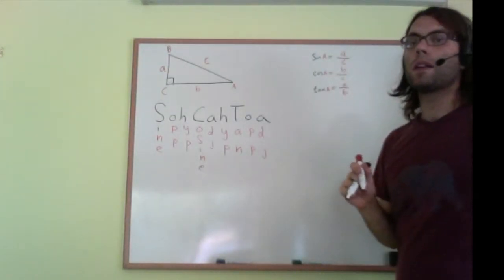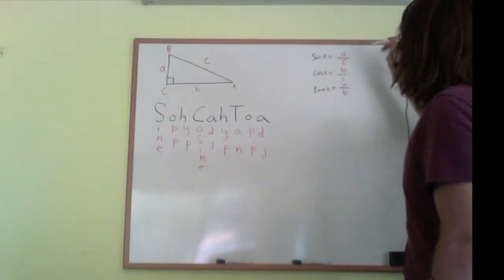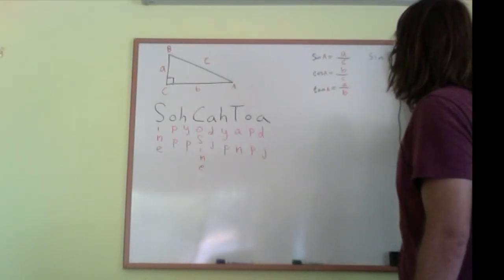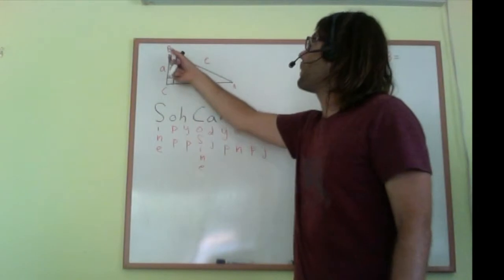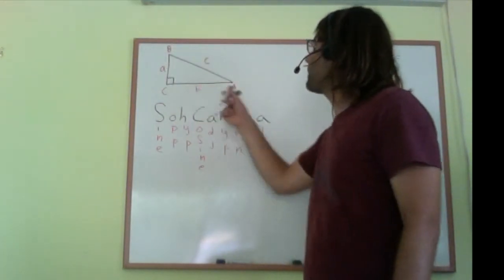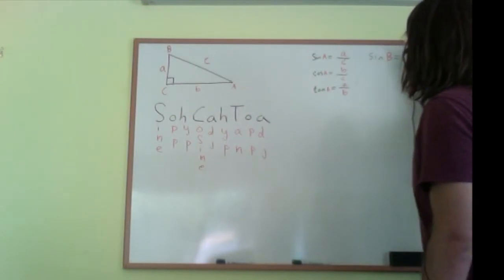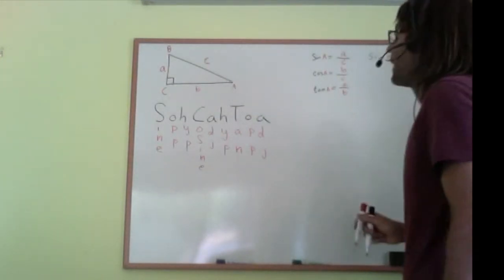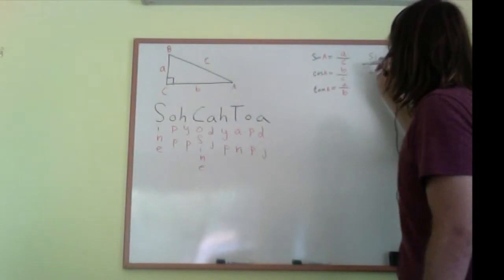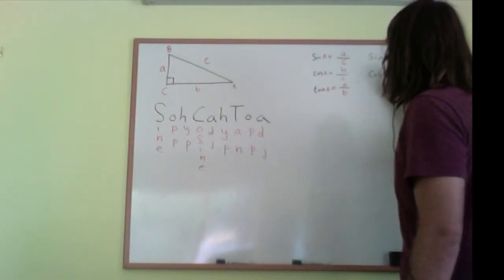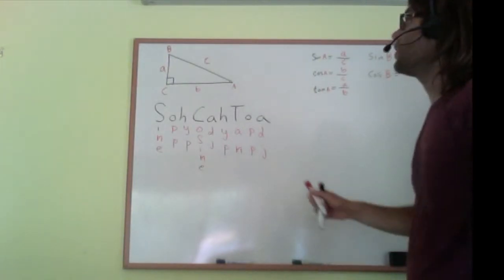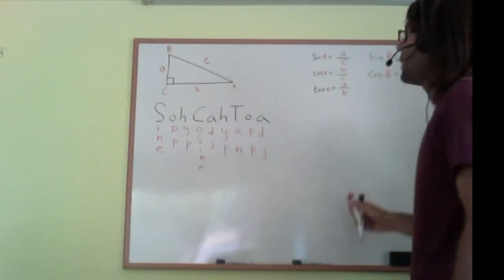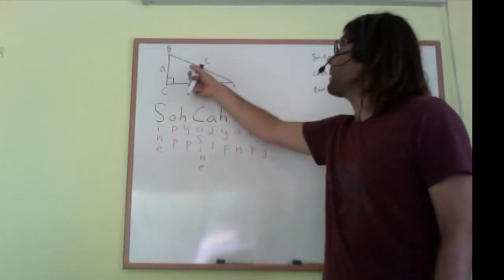Okay, now if we're talking about angle B, we have that sine of big B is equal to the opposite of big B, which is little b, over the hypotenuse, which is still C. Cosine of big B is going to equal the adjacent to big B, which is A, over the hypotenuse, which is C, because it's opposite 90.